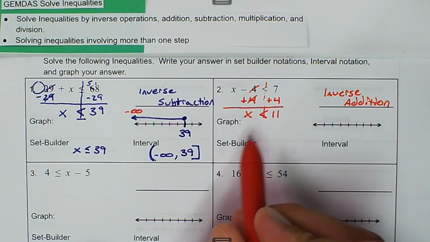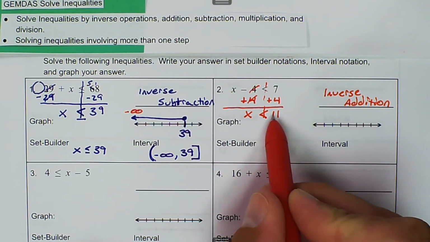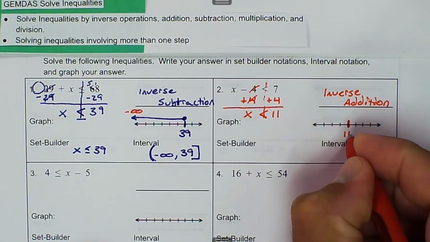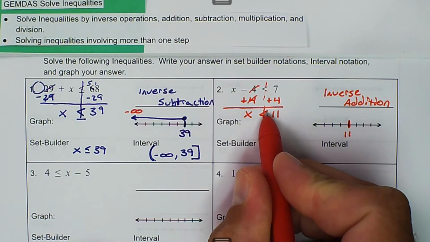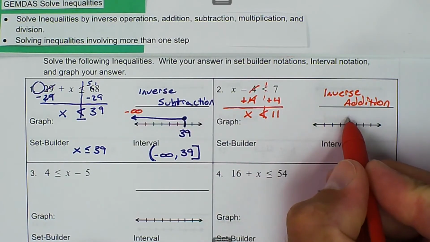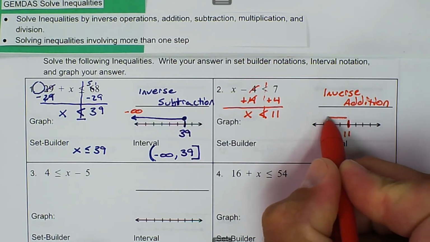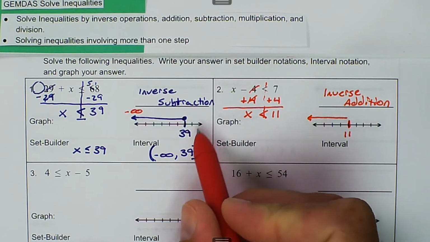And now we want to be able to graph it. The number that we care about in this case is 11, so 11 goes right here. And it says less than. As long as the variable is on the left side, our arrow will point the same direction as our inequality sign, so we know that our arrow is going to go this way to the left. And we have to decide what kind of point we're going to use.